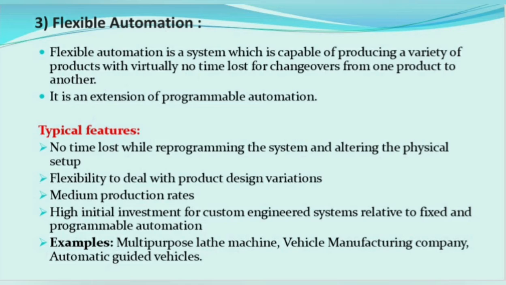This type of automation is very flexible to accommodate different product configurations because there is no time lost while reprogramming the system and changing the physical setup. Flexible automation provides medium production rates as compared to fixed and programmable automation. This type of automation requires high initial investment for the customization of system.